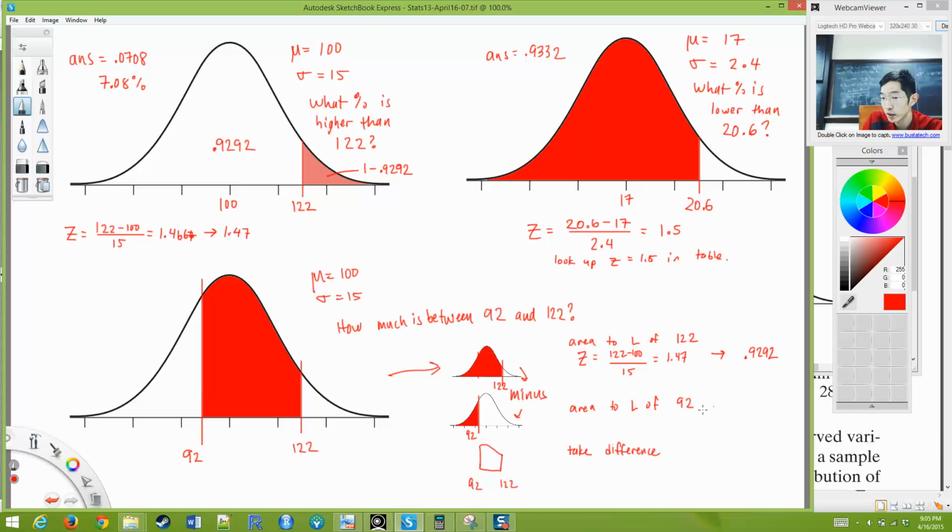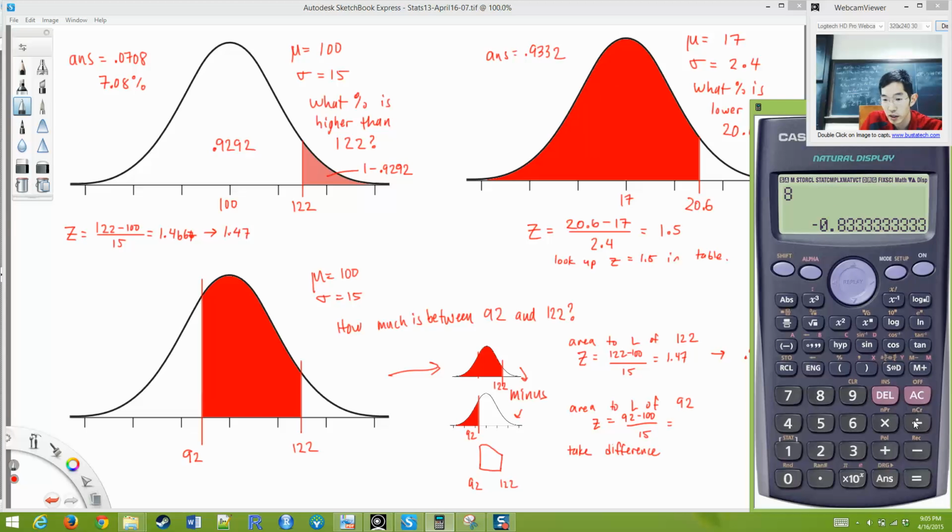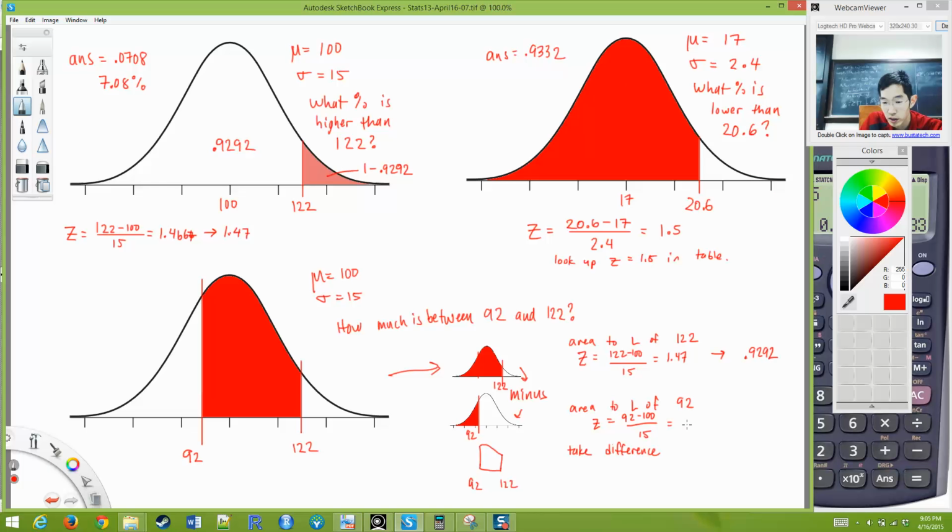I do the same thing for 92. z is equal to 92 minus 100 divided by 15. I get negative 8 over 15, so I get a z-score of negative 0.53.